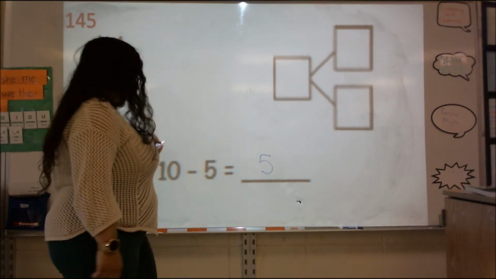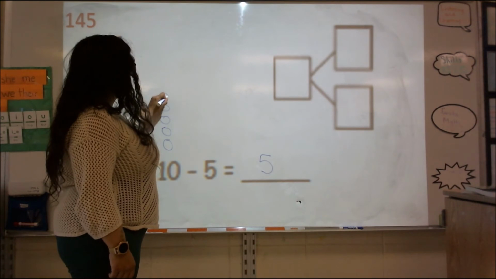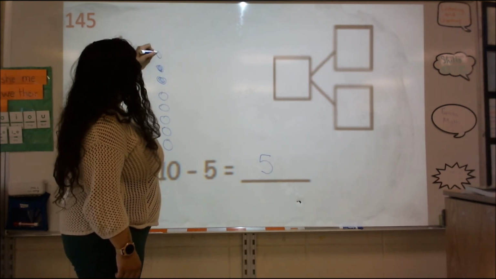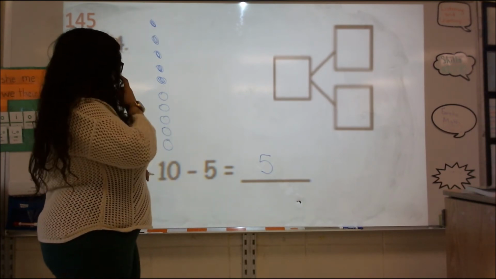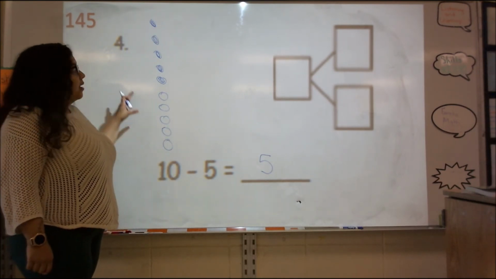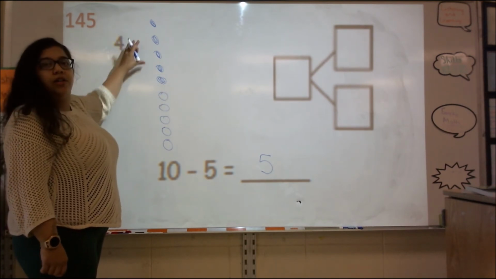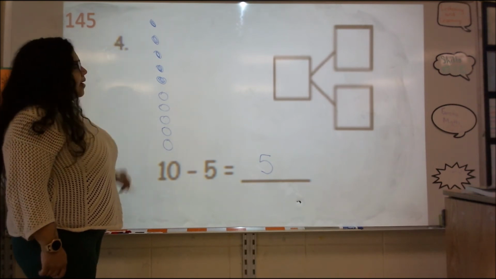Let's show that pictorially. So with a picture. 1, 2, 3, 4, 5, 6, 7, 8, 9, 10. Taking away 5, notice because they're matching, because it's doubles, it doesn't matter which one I cross out because it's the same amount of work.